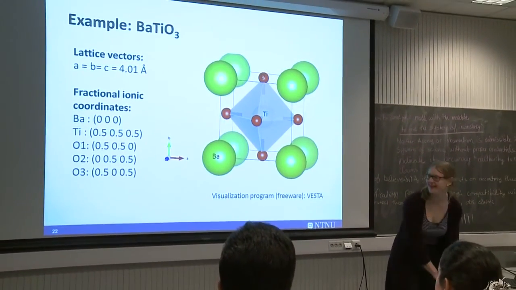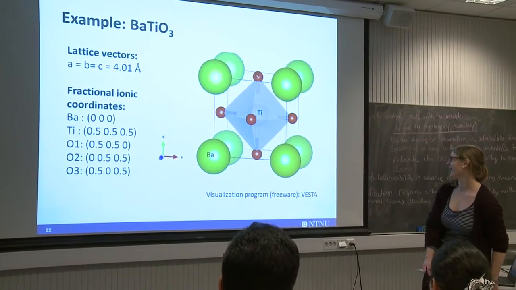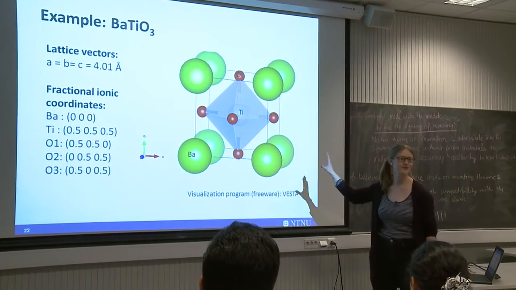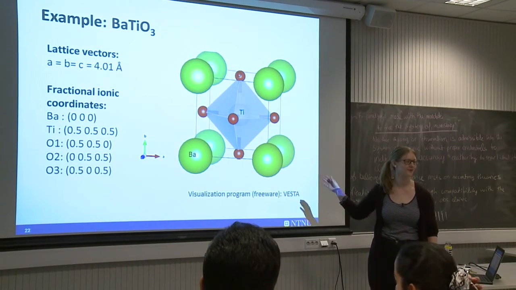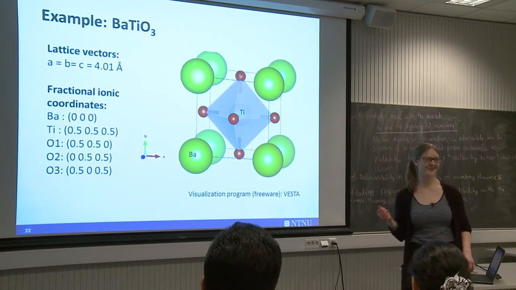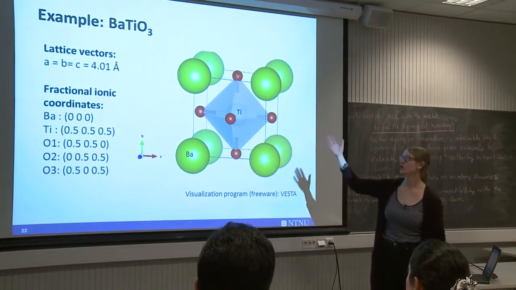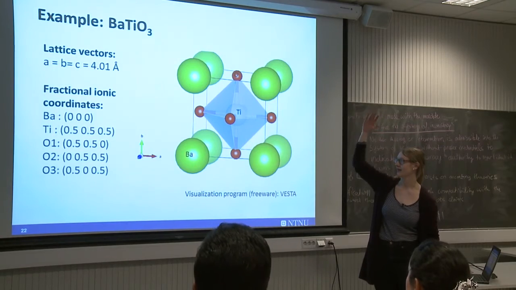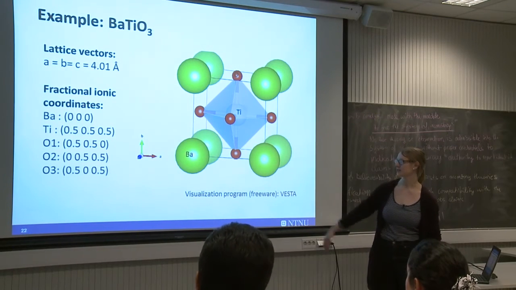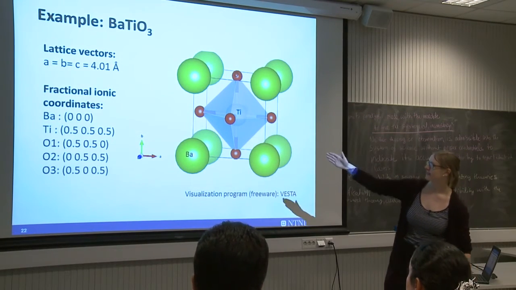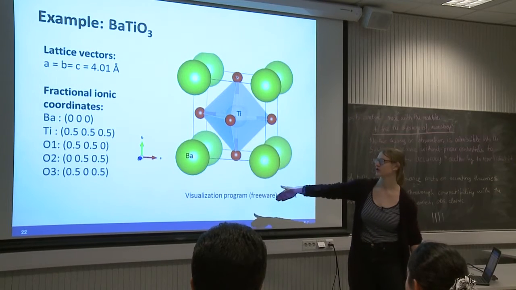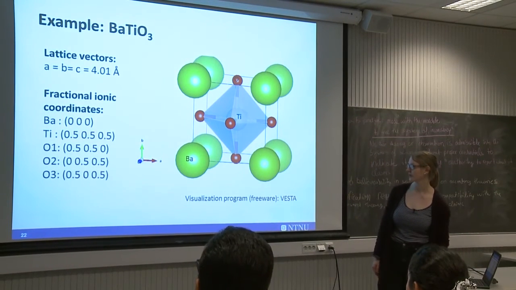OK, so let's just take a simple example. This is a simple perovskite. So in the perovskite world, this is a simple example: barium titanate. Cubic barium titanate has a equals b equals c lattice parameters. And then you can define some fractional ionic coordinates.